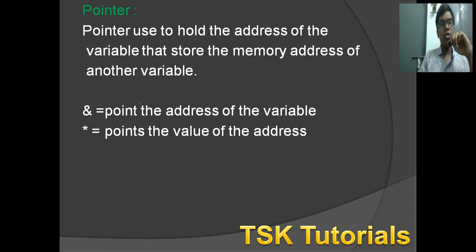Now let me show you the next one, which is pointer. The next classification under derived data type is pointer. A pointer is used to hold the address of a variable; it stores the memory address of another variable. Now let me explain this definition in an easy manner. For example, I was in my room. I was situated at some address.